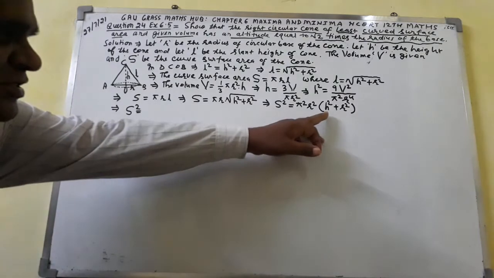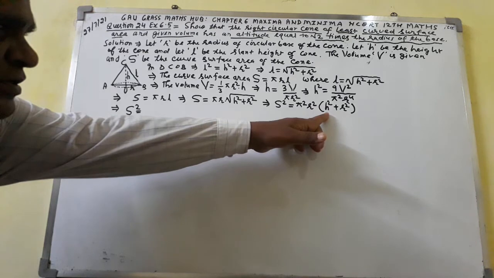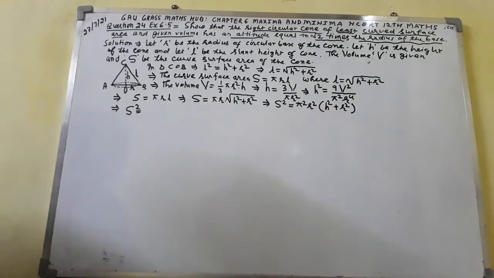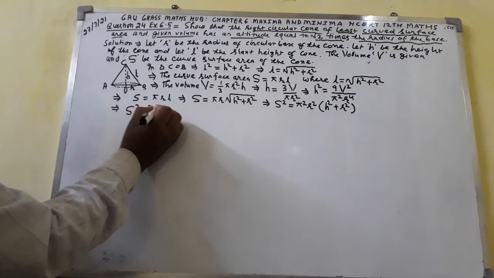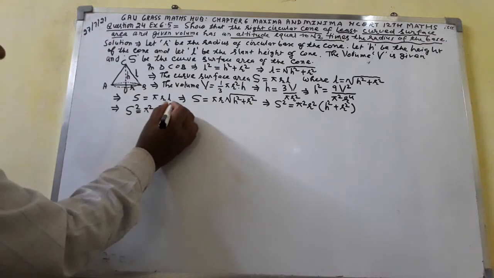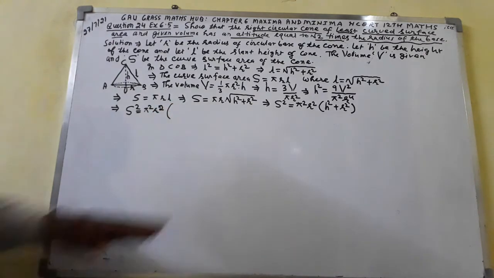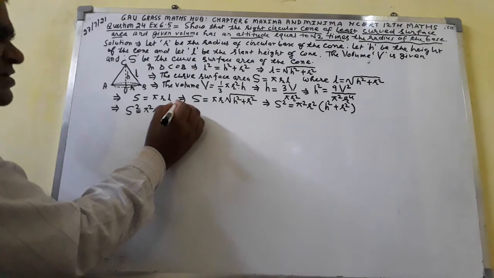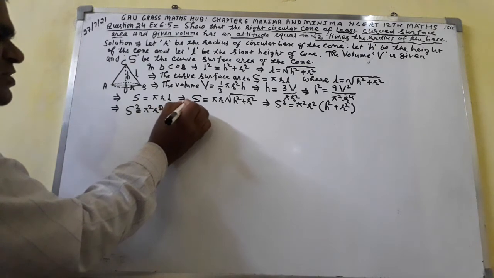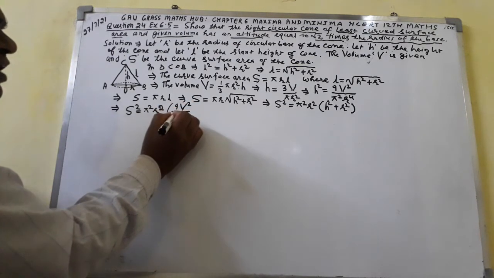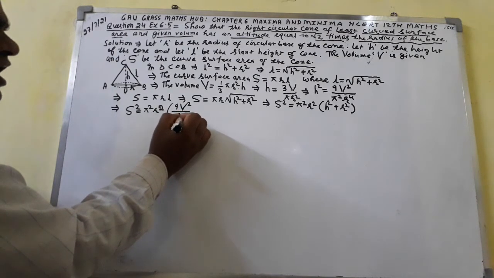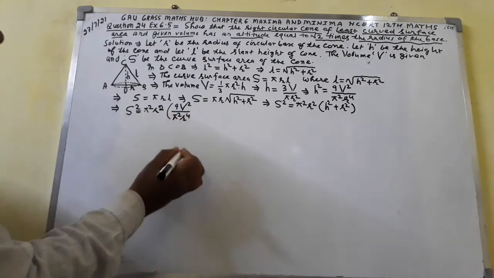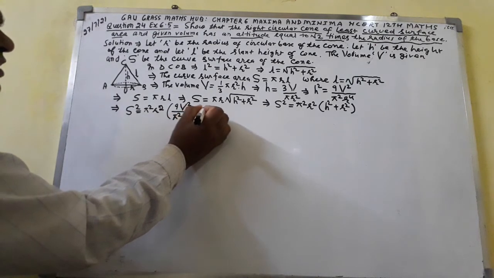So here I shall write pi square r square, in bracket h square, and h square I shall write as 9V square over pi square r raised to the power 4, plus r square.